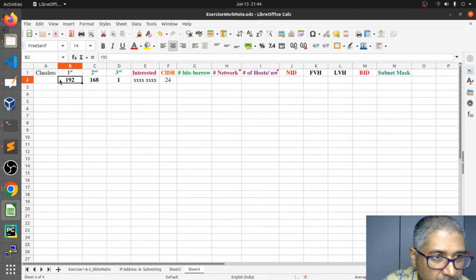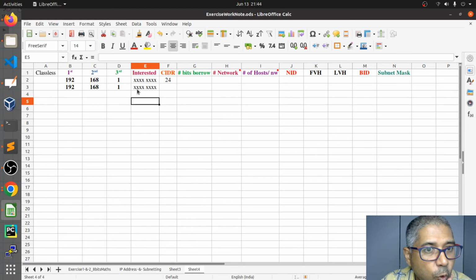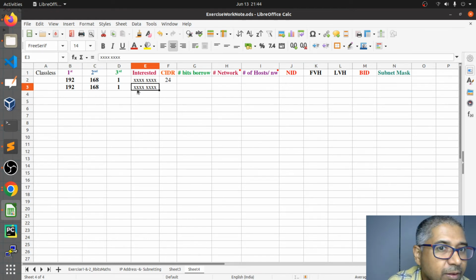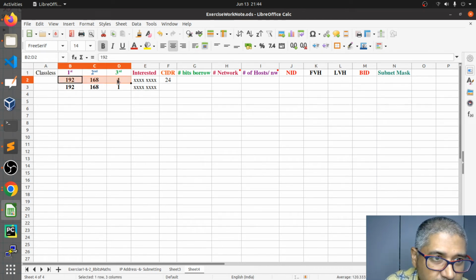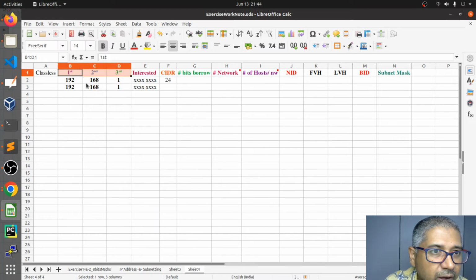I'm going to copy this format here in a different color. Can you see the format? Yes.